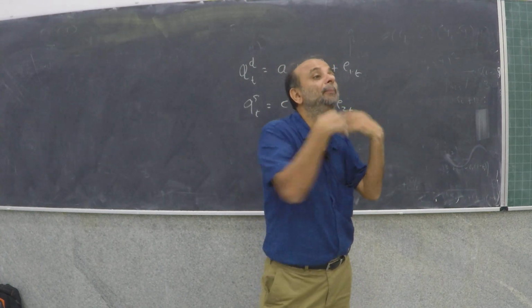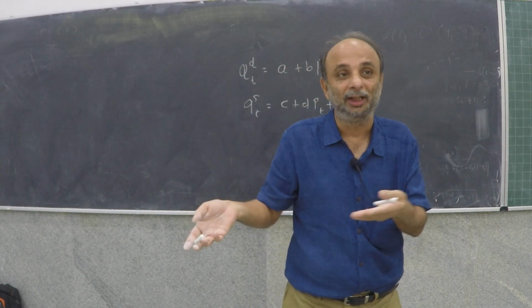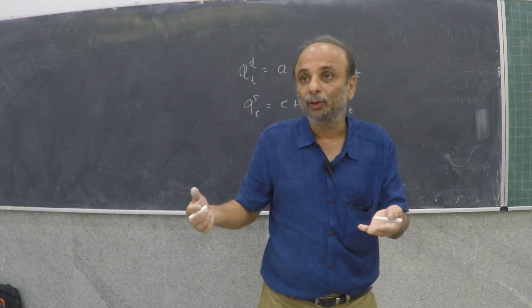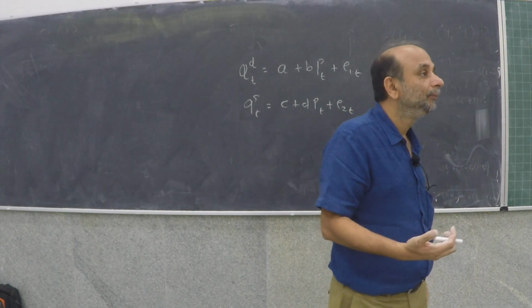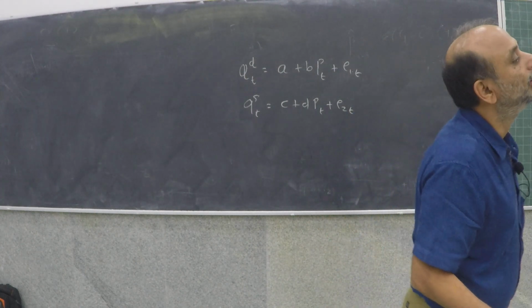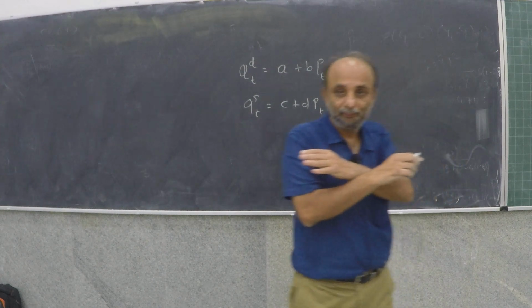You don't observe a separate quantity supplied and a separate quantity demanded. What you actually observe in the market is the quantity bought and sold, a quantity where demand and supply are equal.